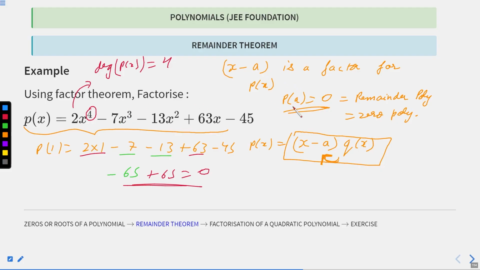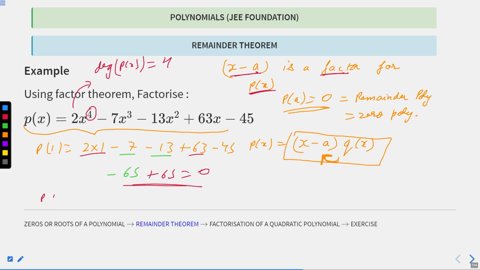Factor theorem means if a is such that p of a is equal to 0, that means x minus a is a factor of this p of x. I hope this is clear. So I just found the values where p of x is equal to 0.